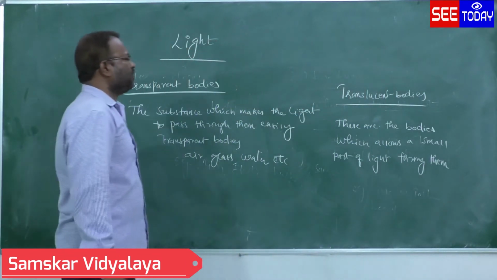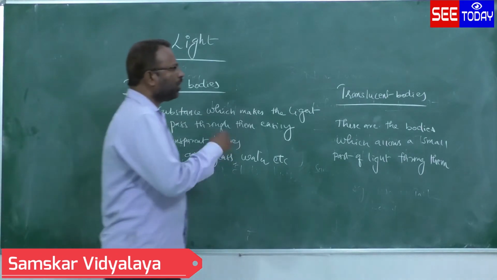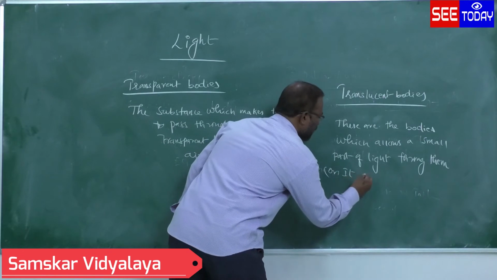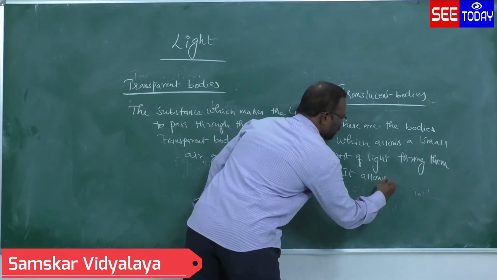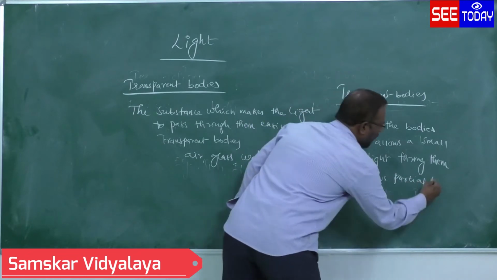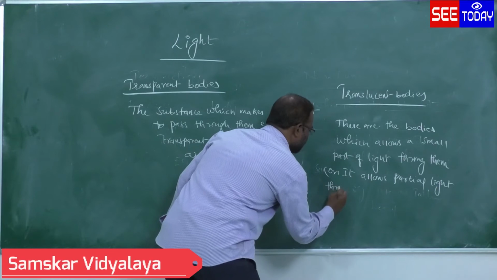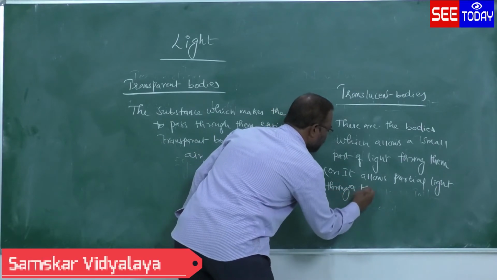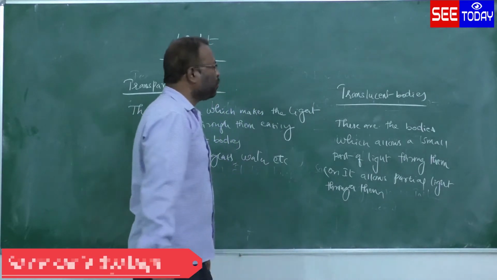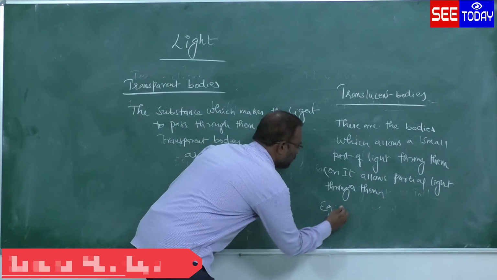These are the bodies which allow a small part of light through them, called translucent bodies, or it allows partial light through them. Called as translucent bodies.